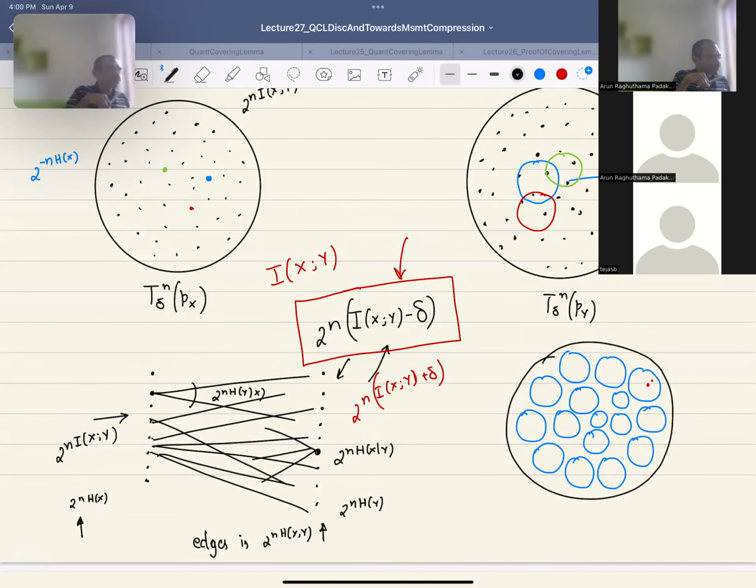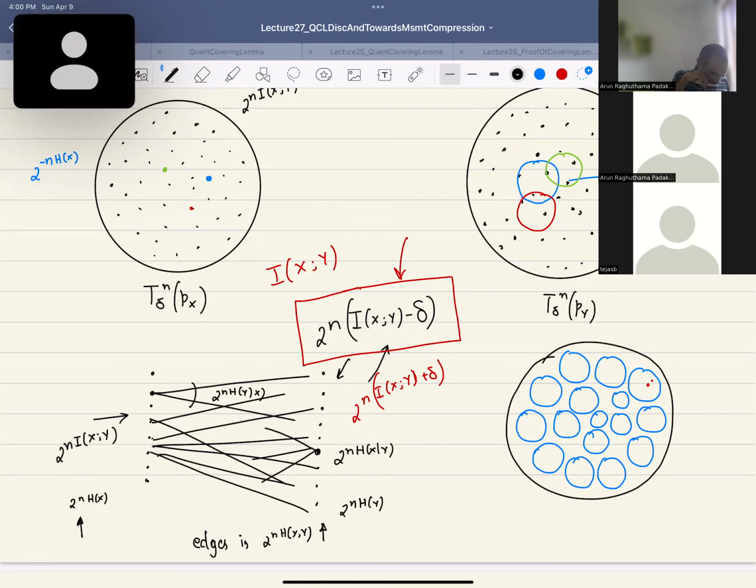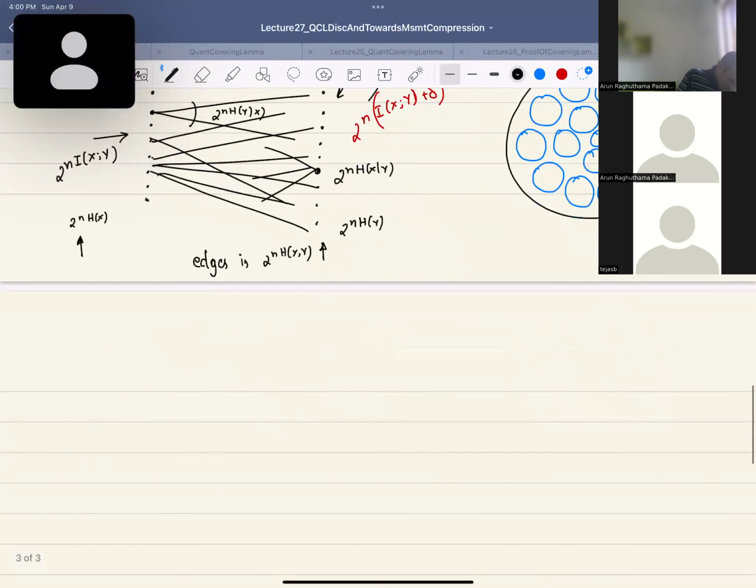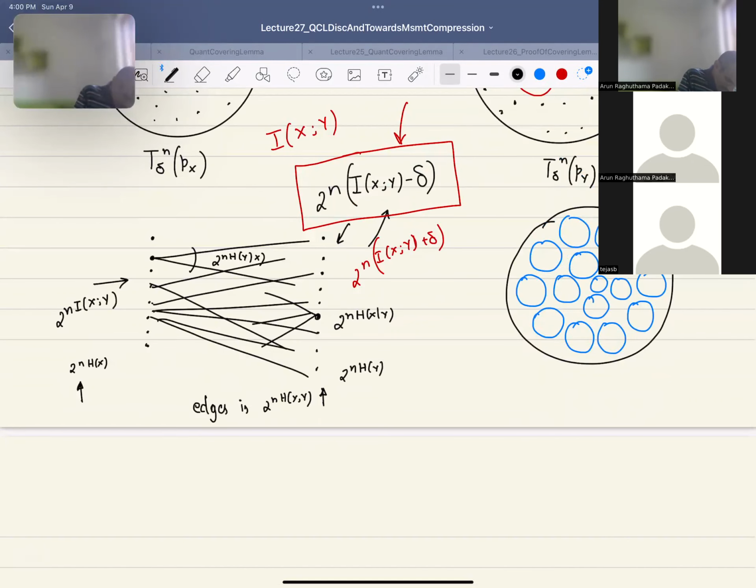Okay, thoughts, comments? So how do you know that the edges are 2^(nH(X,Y))? Yeah. I write an edge between two vertices if they are jointly typical. Maybe I should have said that.